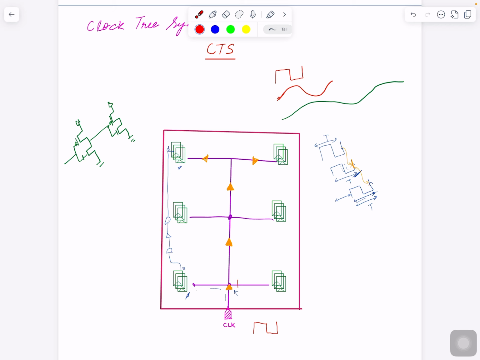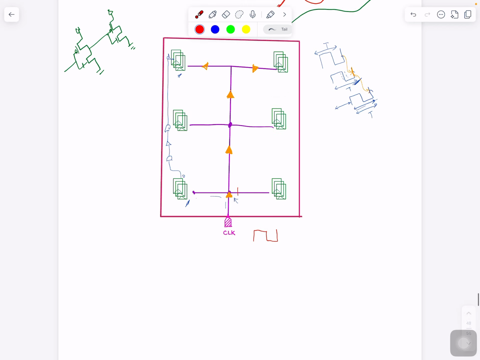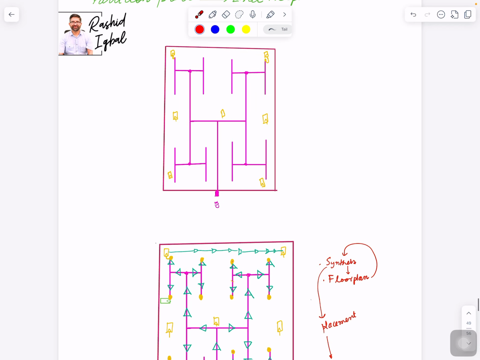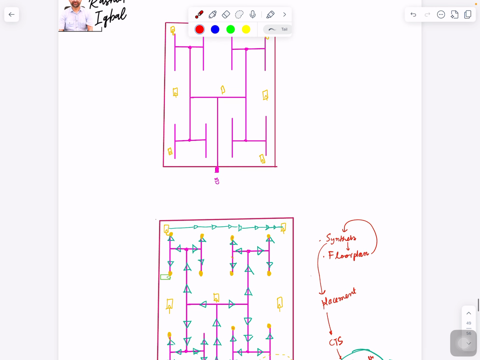You don't want to do that. And maybe even if you did once, maybe logic changes in the next drop, something new appears, right? So that will be very tedious. So what you want is all the flops which are on this clock, you want to balance them with the same delay. So here comes the proper clock tree.